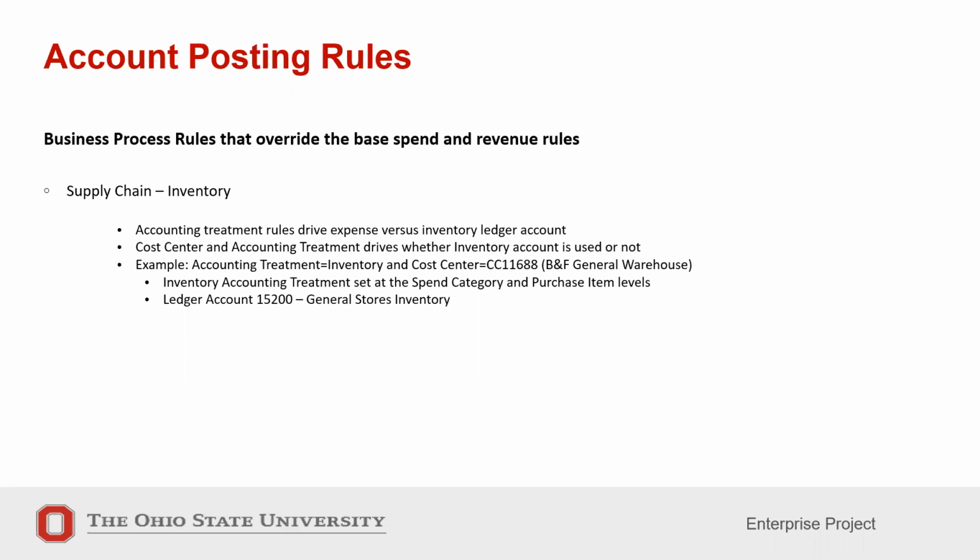So for example, if the accounting treatment of the spend category being used is inventory, and the cost center is the business and finance general warehouse, then it's going to post to the ledger account of general stores inventory. So it's truly a combination of both the cost center and the spend category that's being used.